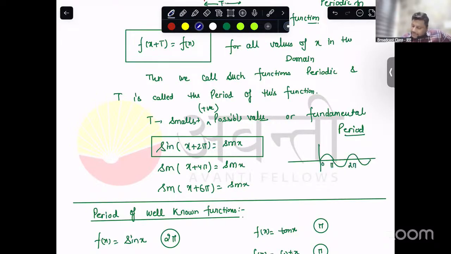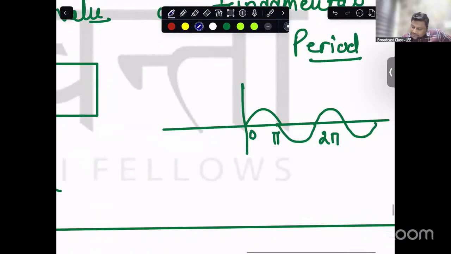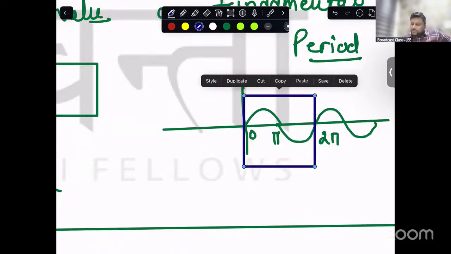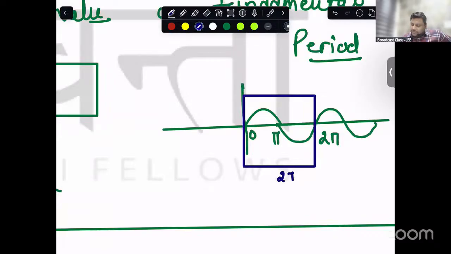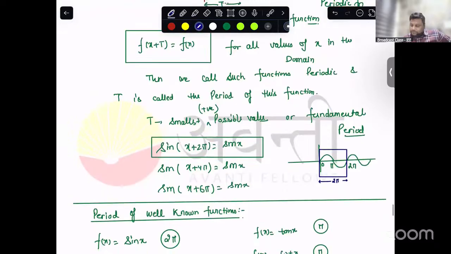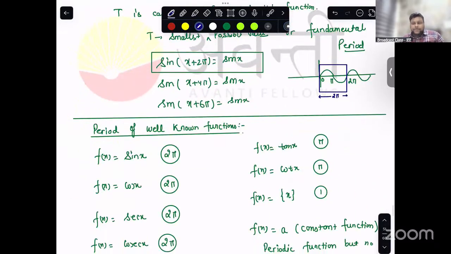In the graph of sine x, this is the frame that is repeating again and again. Yes or no? And the length of this frame is 2 pi. Is this okay?